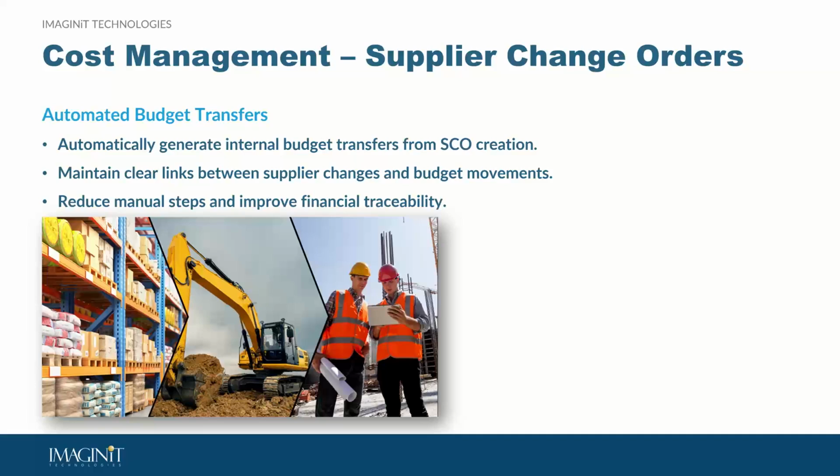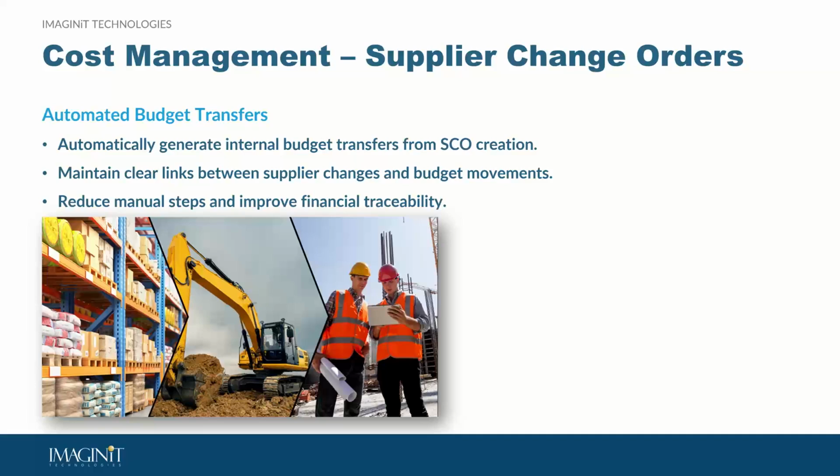This is important because when the sub submits the change order, the project team has to create that corresponding internal move. They have to shift the budget, perhaps from contingency or owner reserve, whatever the case is, in order to cover that. That was all manual before, and anything manual can be error prone. We're all human. Now it's linked, tied together, and automated.